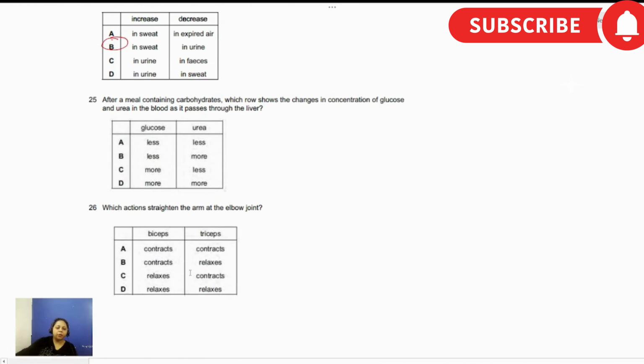Okay. After a meal containing carbohydrates, which row shows the change in the concentration of glucose and urea in the blood?